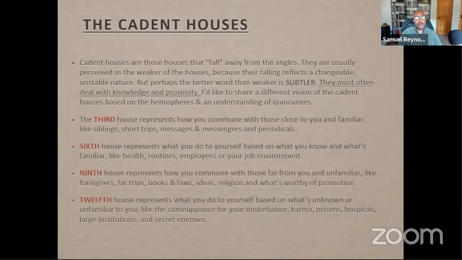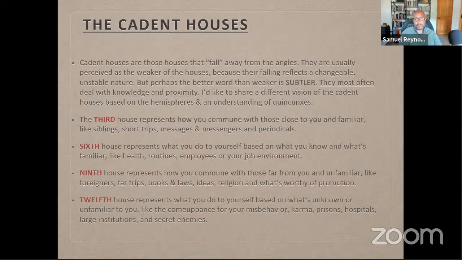And in the modern sense, which was not true classically, we talk about it in terms of our jobs and job environment. I would say it's more so job environment. I'll make one concession in terms of the modern delineation for a reason. One reason is that our jobs now are part of our routines, right? So in terms of all the things that are necessary to maintain yourself, that is more the sixth house and what it relates to.